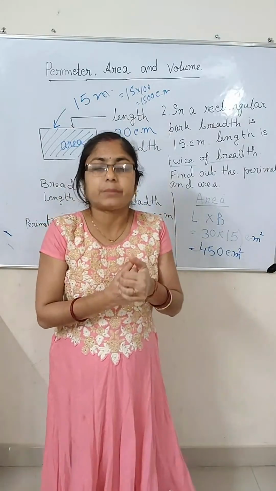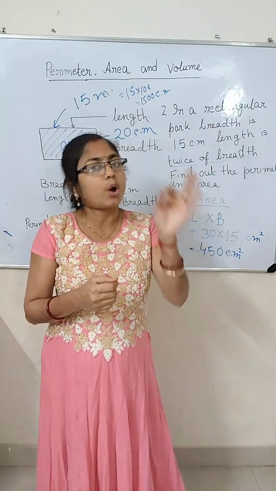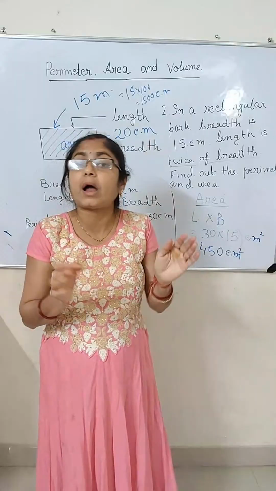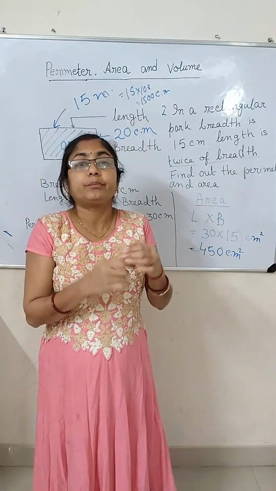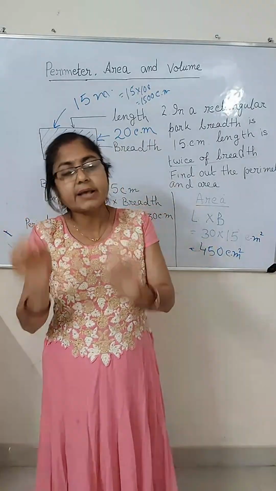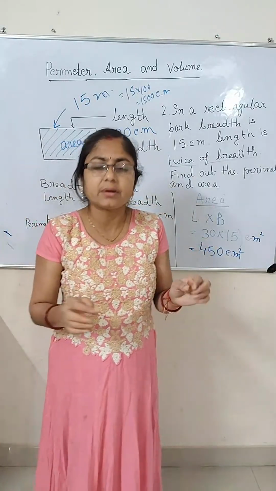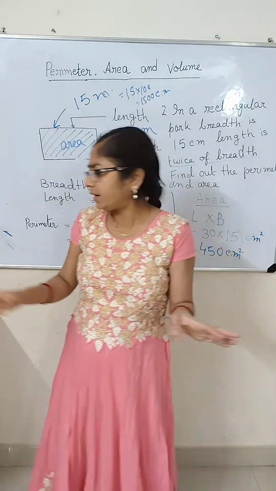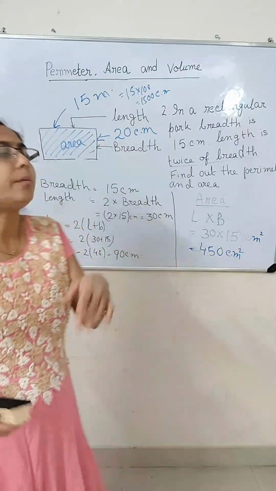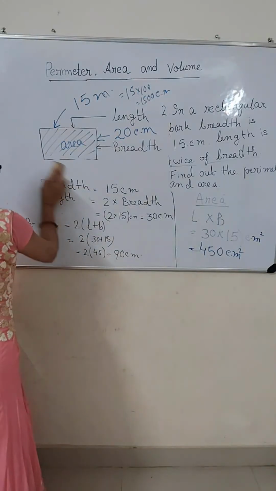And number three, if it is area, always remember to put square. And if it is perimeter, then only centimeter. But if it is meter, it's okay, no square. Complete. If there is any doubt, please write in the chat box.